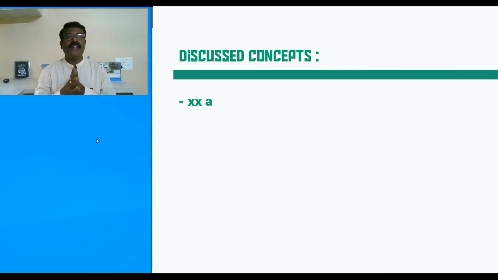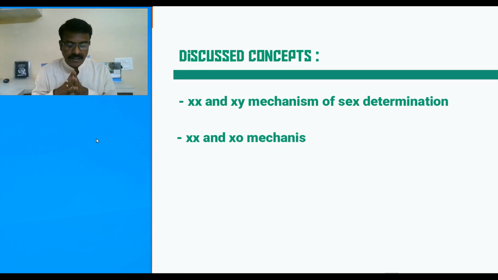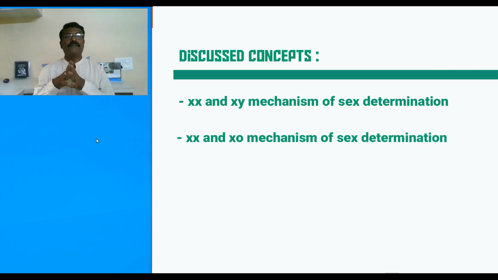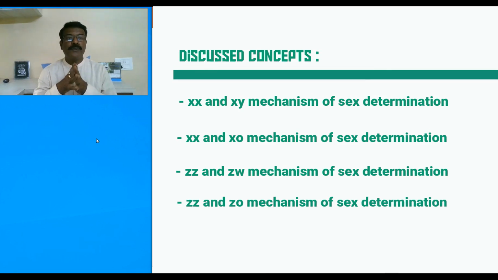Number one is the XX and XY mechanism, then the XX and XO mechanism, then the ZZ and ZW mechanism, and lastly the ZZ and ZO mechanism of sex determination in different species of animals.